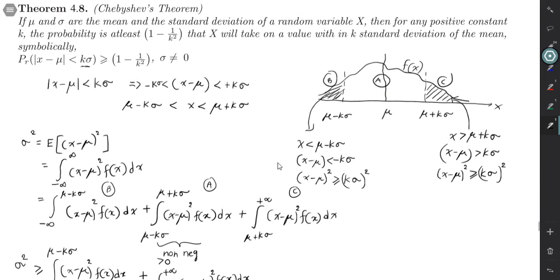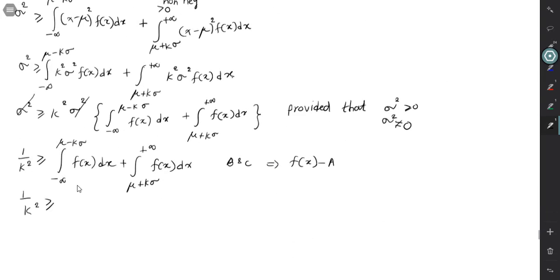This is our area B. If you integrate your PDF from negative infinity up to mu minus k sigma, that is the probability that x takes values less than mu minus k sigma. That is for the part B or area B.